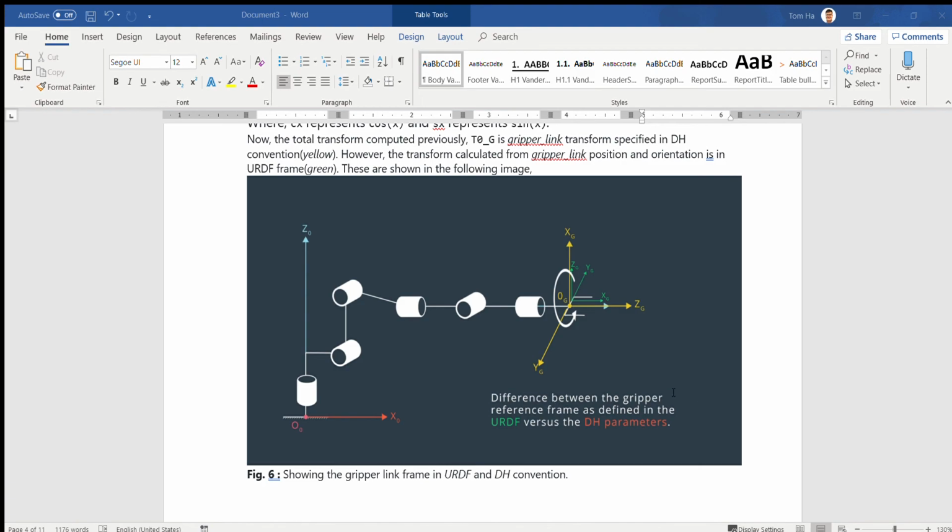It shows you the position right here, 2.1530 and 1.9456. It means X, Y, Z of the end effector. And the 3 by 3 block, 3 rows and 3 columns of this matrix, is the orientation.